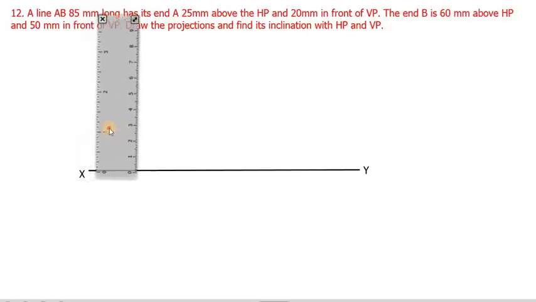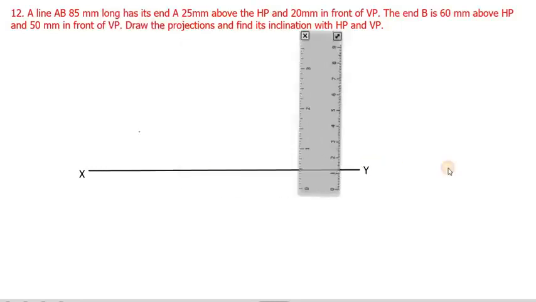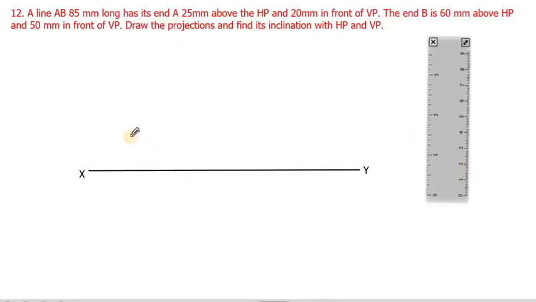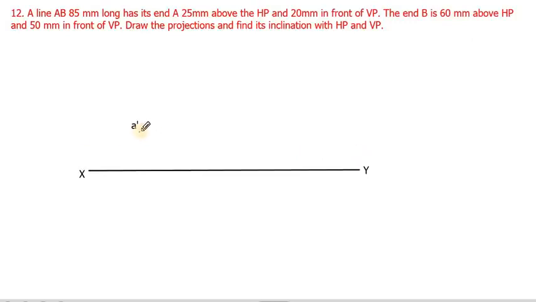Keep it anywhere on XY and mark 25 mm above XY. So this is 25. I can make a point, and this point will be A dash. Draw a straight line from A dash point up to XY.